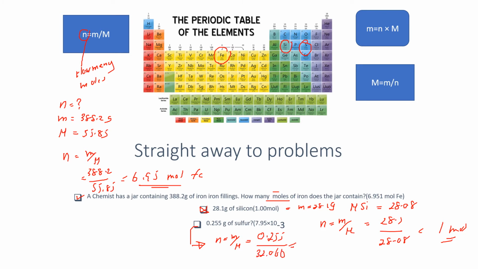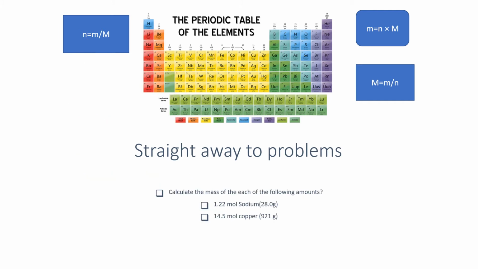So into the calculator, 0.255 divided by 32.066 gives 7.9 times 10 to the minus 3. This is the answer. Okay, that's that question.